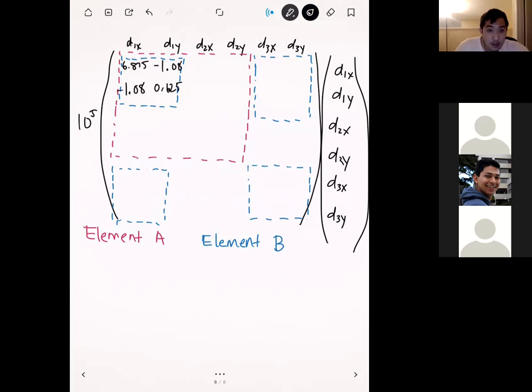and then we have minus 1.875, 1.08, minus 5 and 0. Then we have 1.08, minus 0.625, 0, 0.